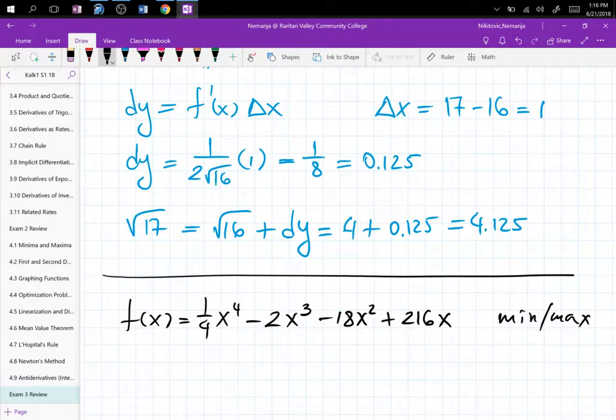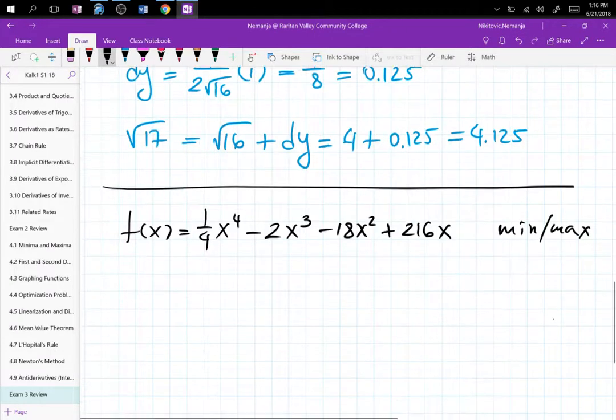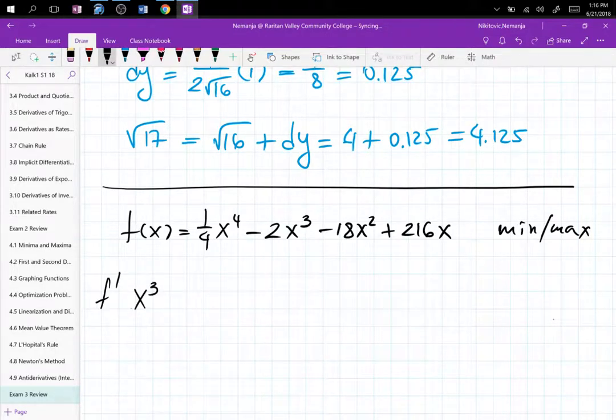We can achieve that with the first derivative as well. So I need the derivative of this. That's going to be x cubed minus 6x squared minus 36x plus 216.